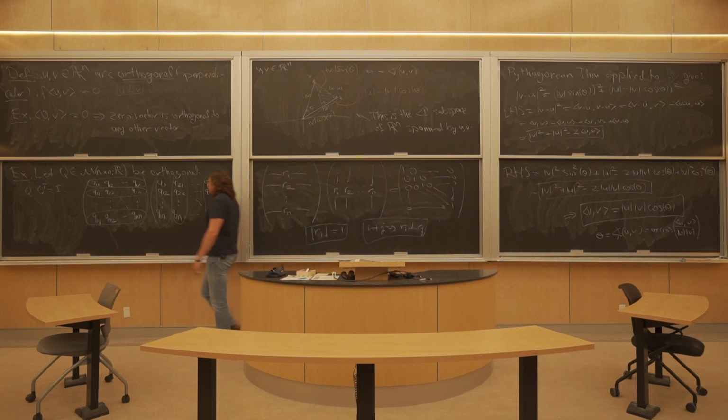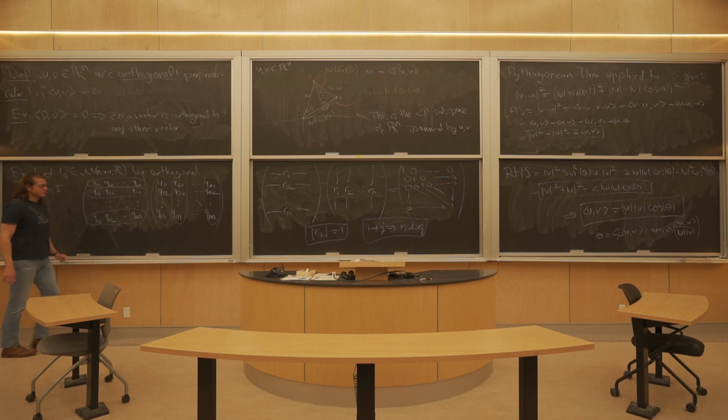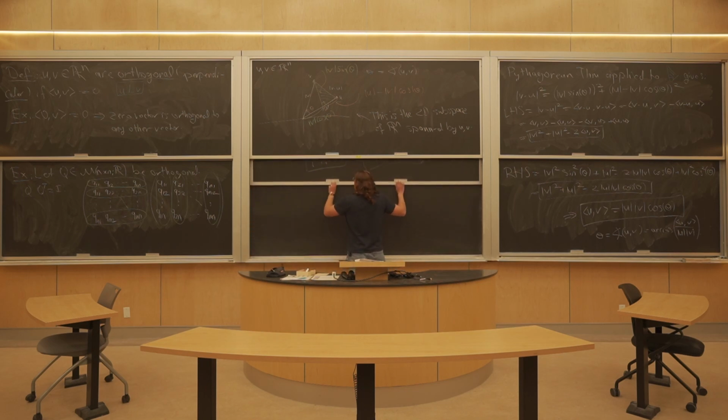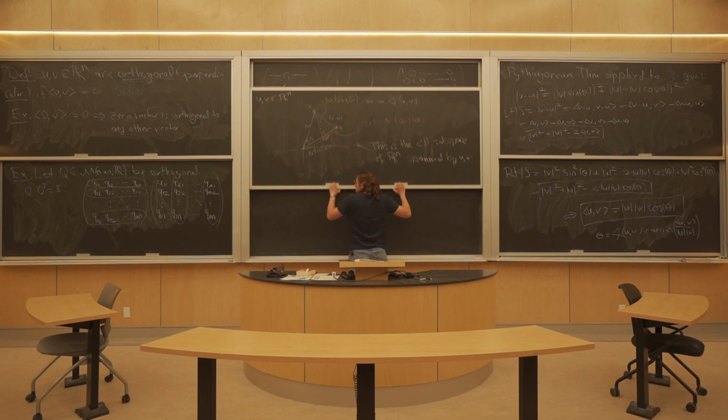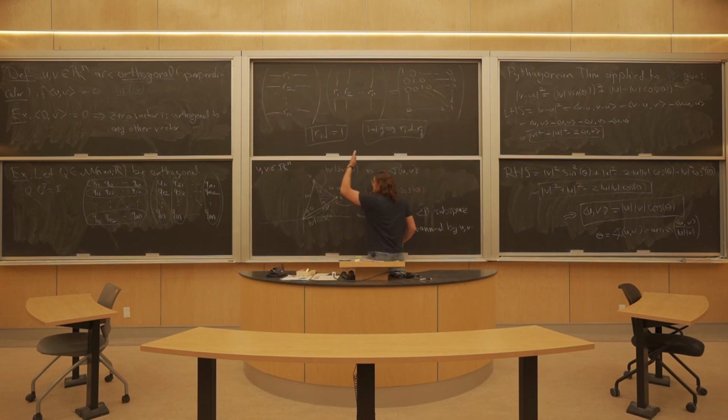Here we started with this equation, Q transpose equals identity. But for an orthogonal matrix, the other way around is also true, and I'm going to leave that to you. If you were to start with Q transpose Q equals identity, you would realize by the same argument that each column has length 1 and distinct different columns are orthogonal.